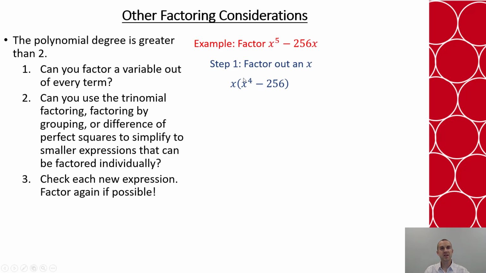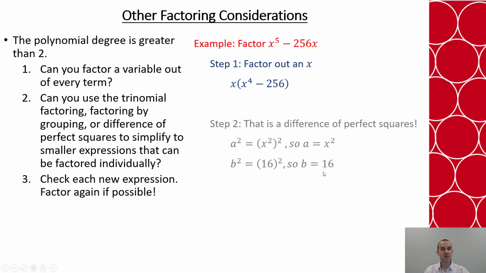And x to the fourth, I can take the square root of that. For 256, yeah, it's 16. So I can do a difference of perfect squares. So the square root of that would be x squared for my a value. My b value would be 16. So I can rewrite that then as x times the quantity x squared minus 16 times the quantity x squared plus 16.